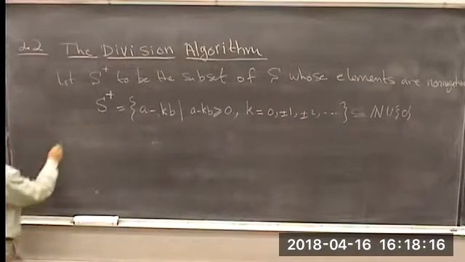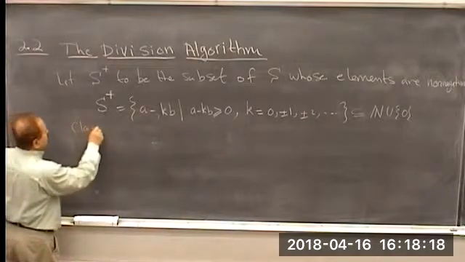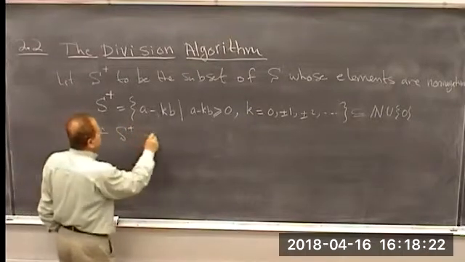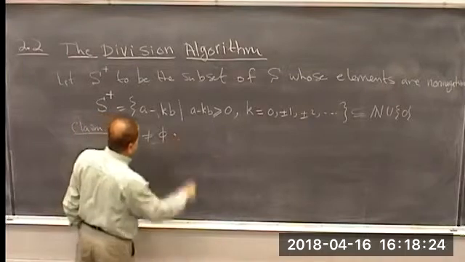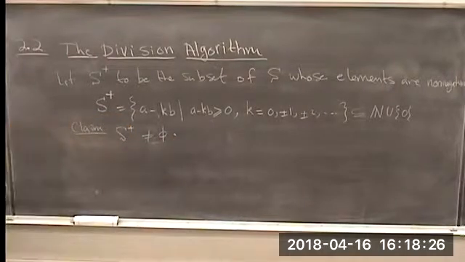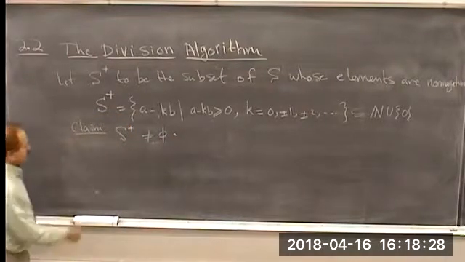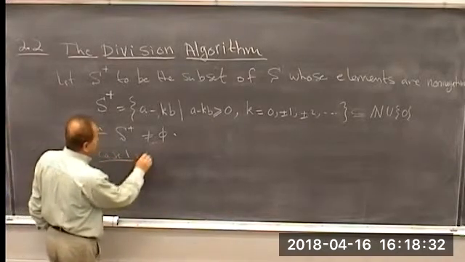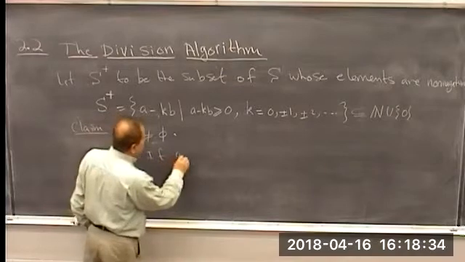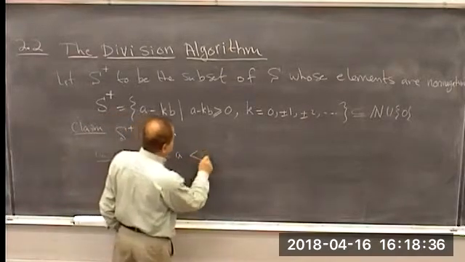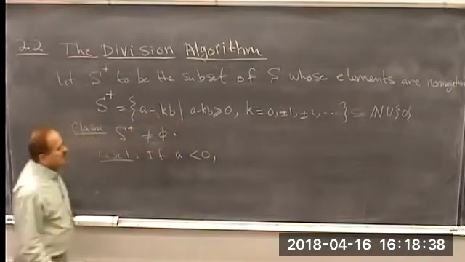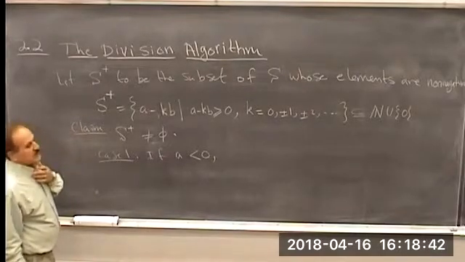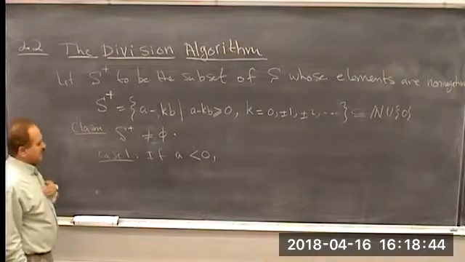So first we have a claim that S plus is not empty. We're going to consider two cases. Case 1, A is negative, and case 2, A is bigger than or equal to 0, non-negative basically.